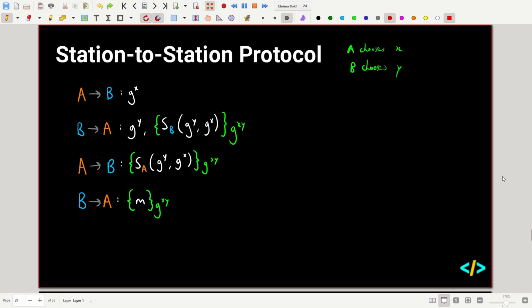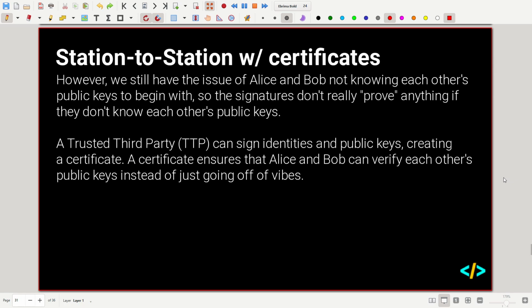Cool. Okay, we got some good answers in chat. So, certificates. We can add certificates so that Alice and Bob know each other's public keys, or so that they can trust each other initially. They're not just spraying and praying, where anyone who listens can respond. The signatures don't really prove anything if they don't know each other's public keys.